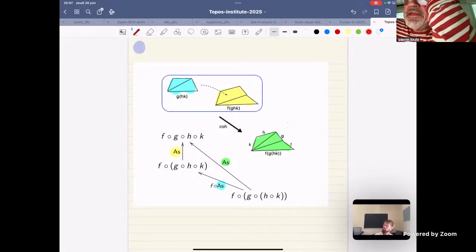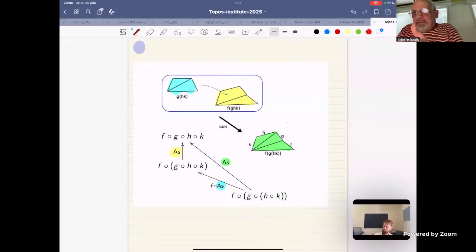The blue thing is glued in one of the sources of the yellow thing and says, in a second stage, you have to think of things in layers or in stages. The first layer is the yellow thing, where I already did some decomposition of the sequence f, g, h, k.